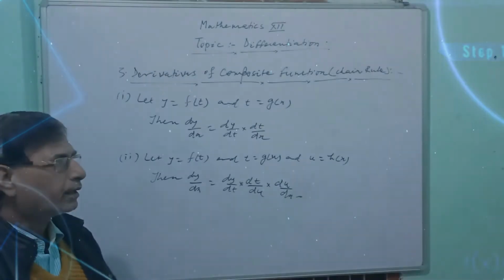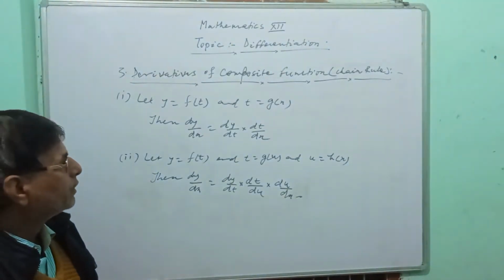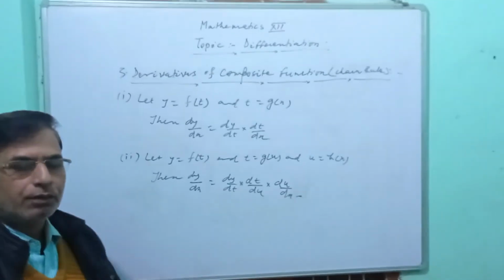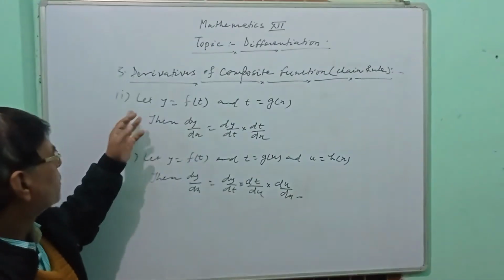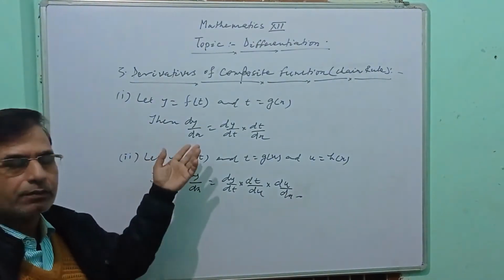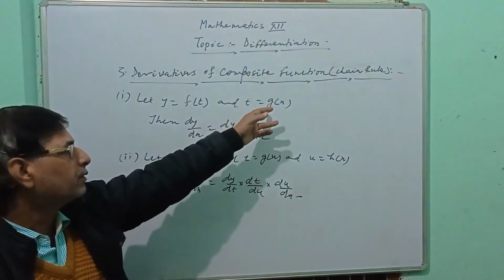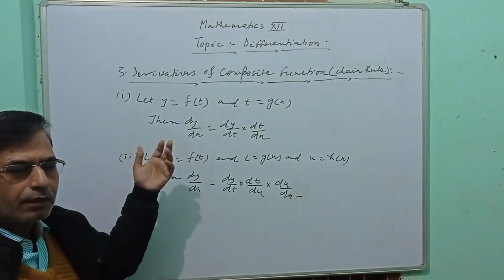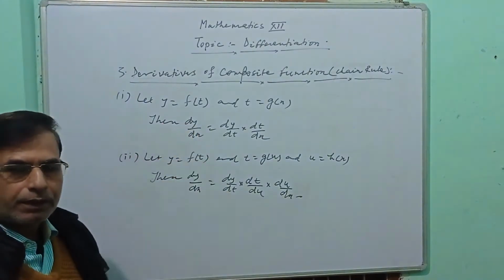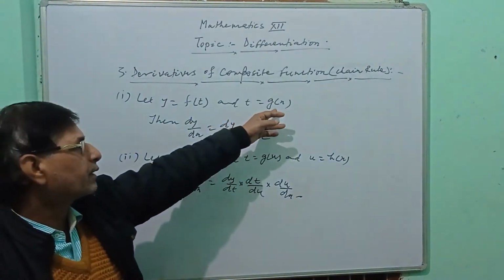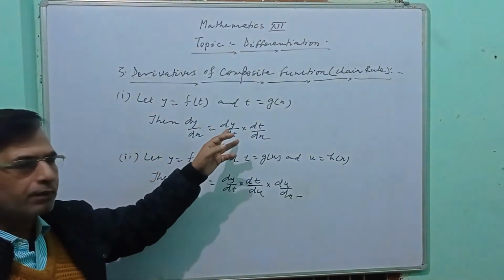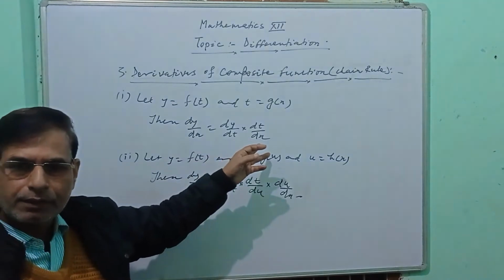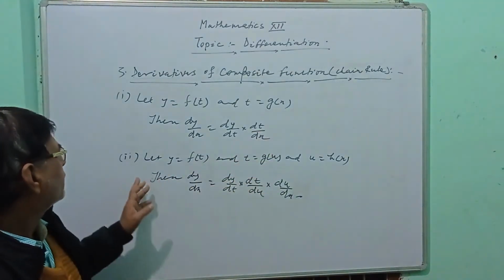Now we discuss the derivatives of composite function, means chain rule. The first rule is that when y is equal to f of t and t is equal to g of x, means y is a function of t and t is a function of x, then dy by dx is equal to dy by dt into dt by dx.